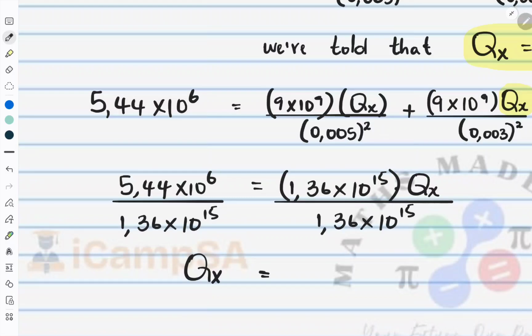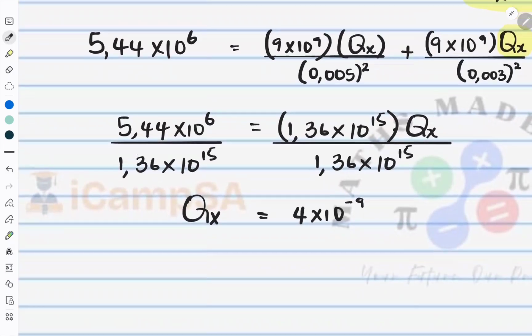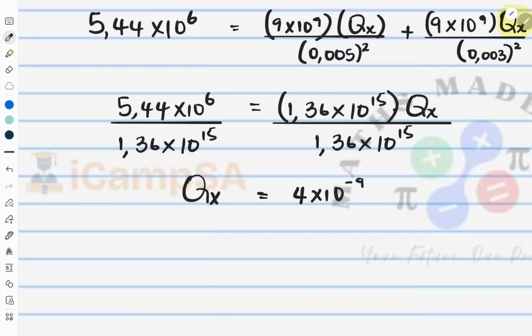When I punch it in my calculator, I get that qx is 4 times 10 to the power minus 9. Remember, they only asked for the magnitude and not the sign. So qx is 4 times 10 to the power minus 9.